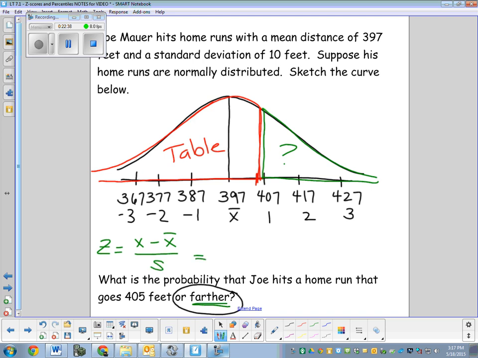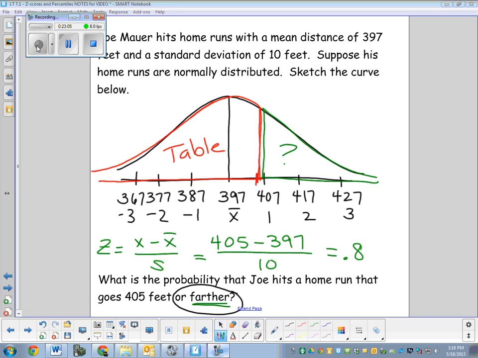We're going to take our data, 405, minus the mean, divided by the standard deviation. So we're going to get a z-score of 0.8. So take a moment right now, pause the video, and look it up on your z-score sheet.